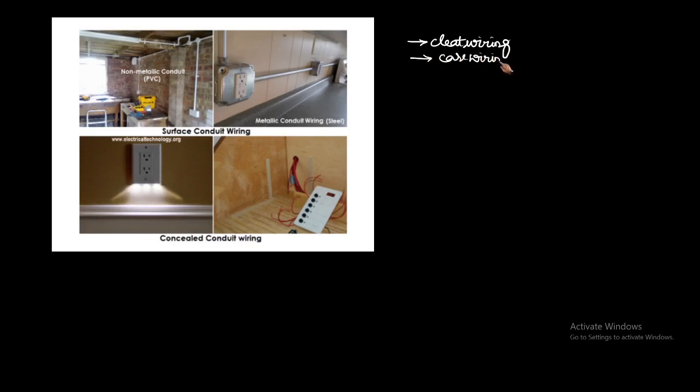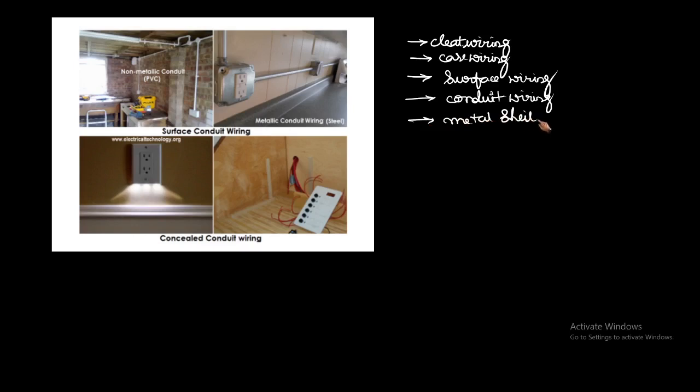Next one is case wiring. Another one is surface wiring. Next one is conduit wiring. Third one is metal sheathed wiring. So these are the schemes or wiring systems that are available.